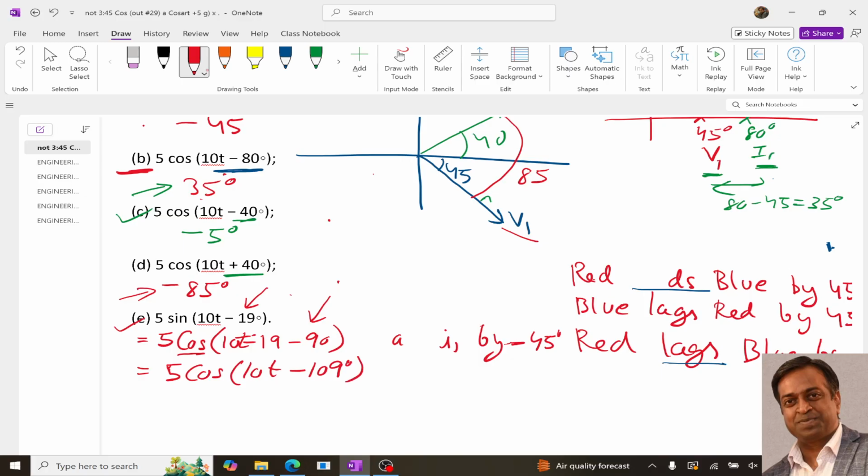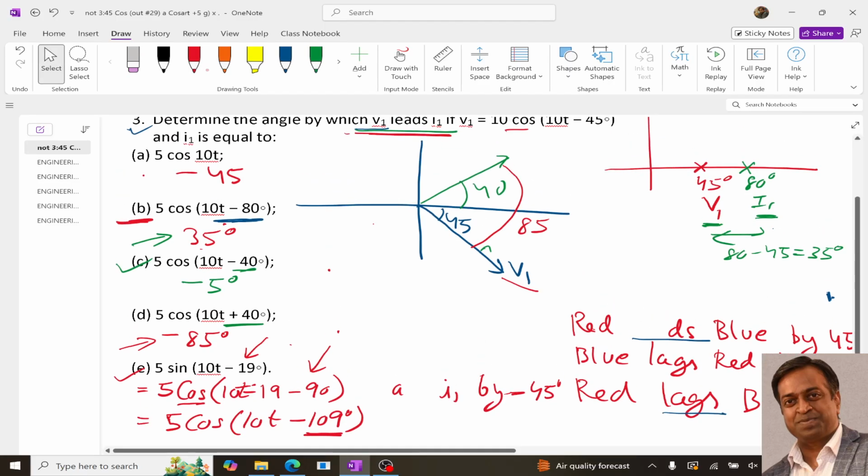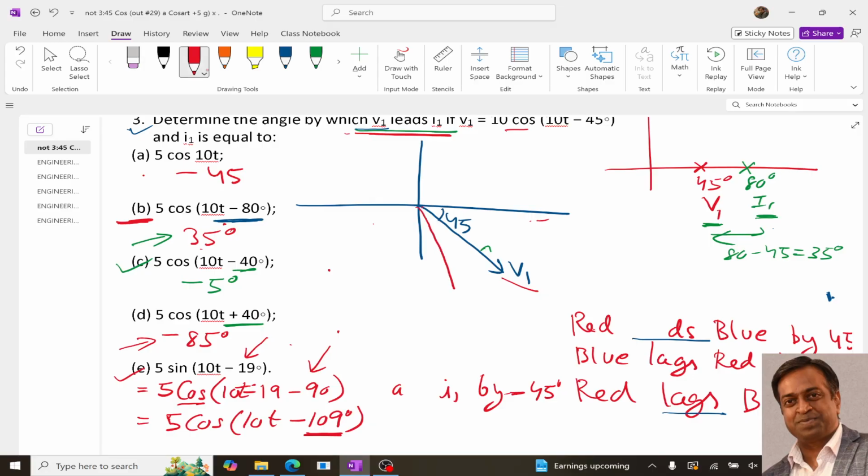Now our angle is 109. So again redrawing this, our angle will be this 109. So the difference between the two angles will be 109 minus 45, so it will be 64.